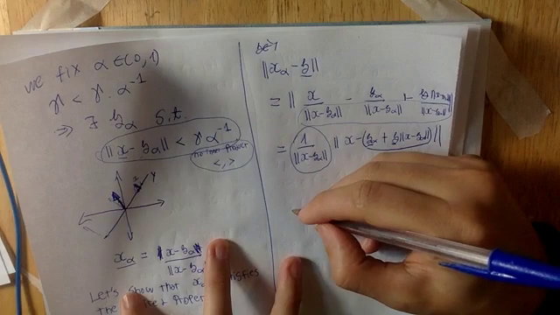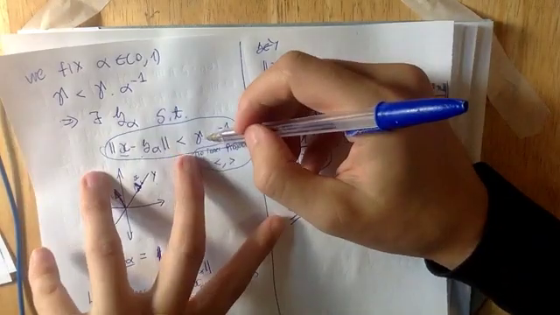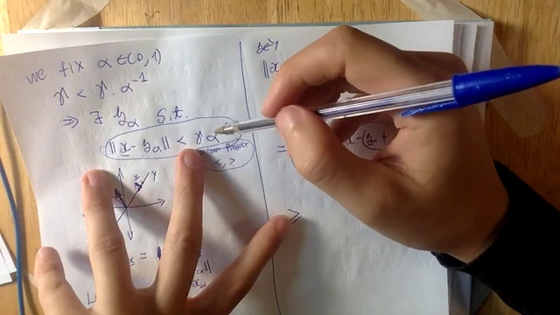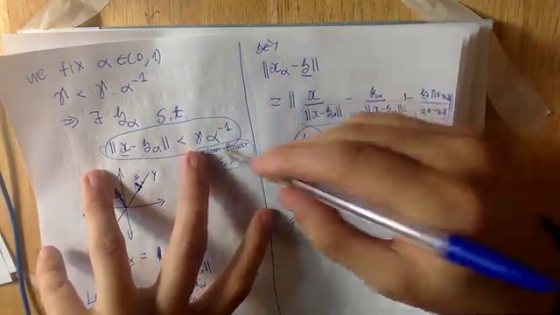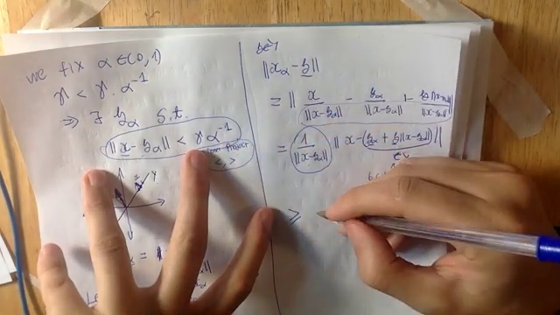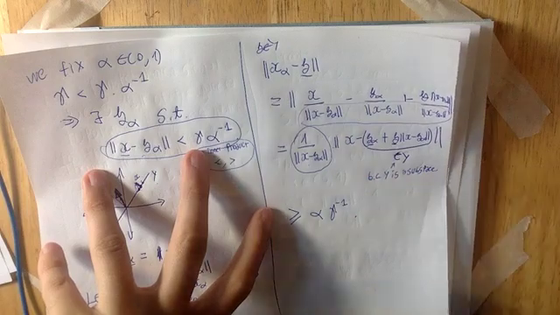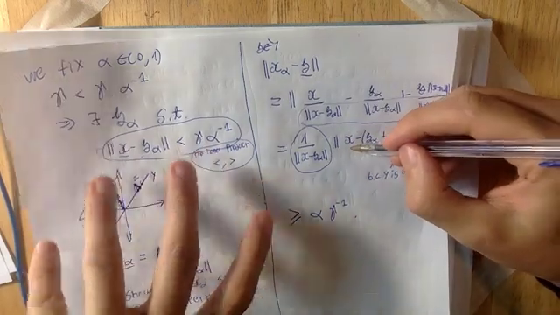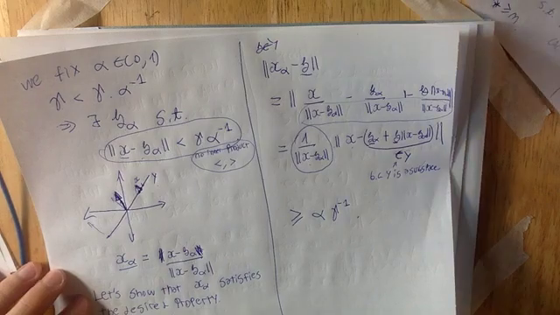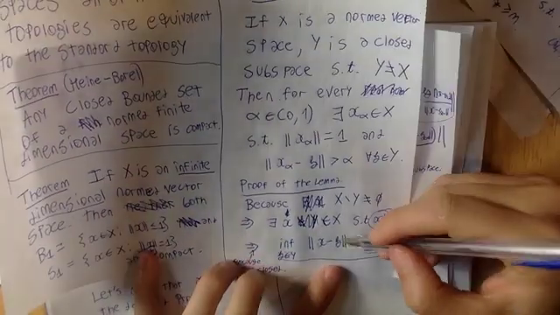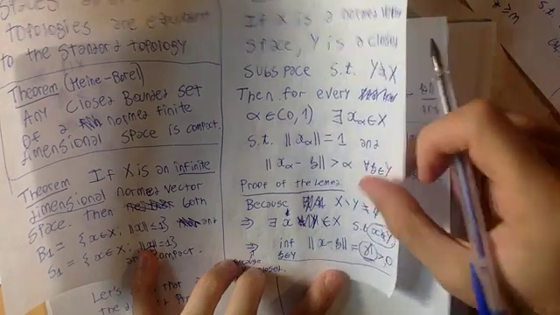This guy is going to be bigger or equal, because I am flipping the norm here. This is going to be bigger or equal than 1 over gamma alpha minus 1, which is alpha times gamma inverse. And at the same time, the property of x is that the infimum of x minus y is bigger or equal to gamma, so it's equal to gamma.